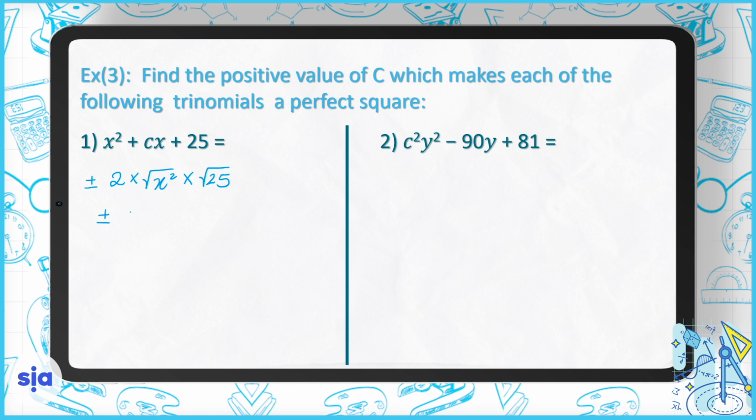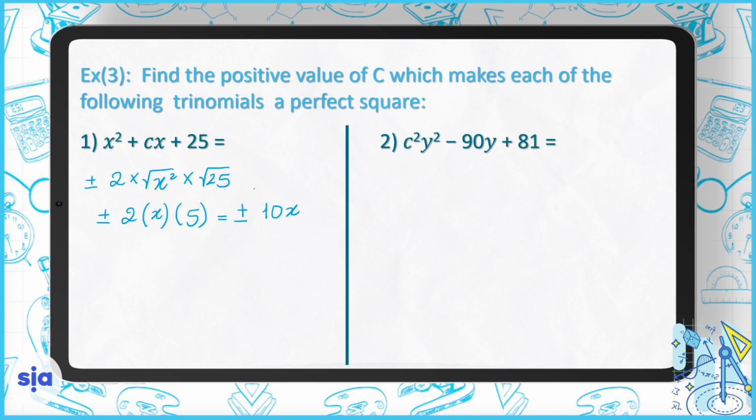So it's positive or negative 2 times x times 5. So it's positive or negative 10x. As long as it's cx, c is positive or negative 10.